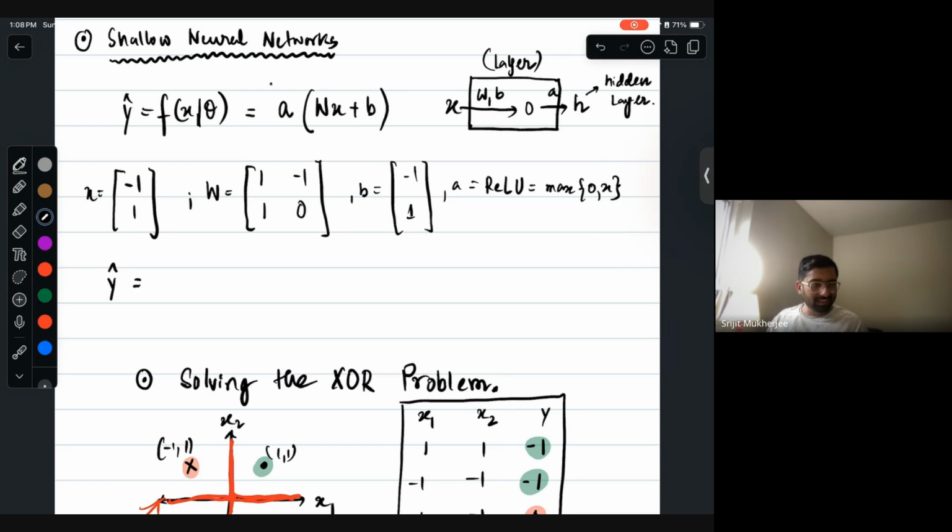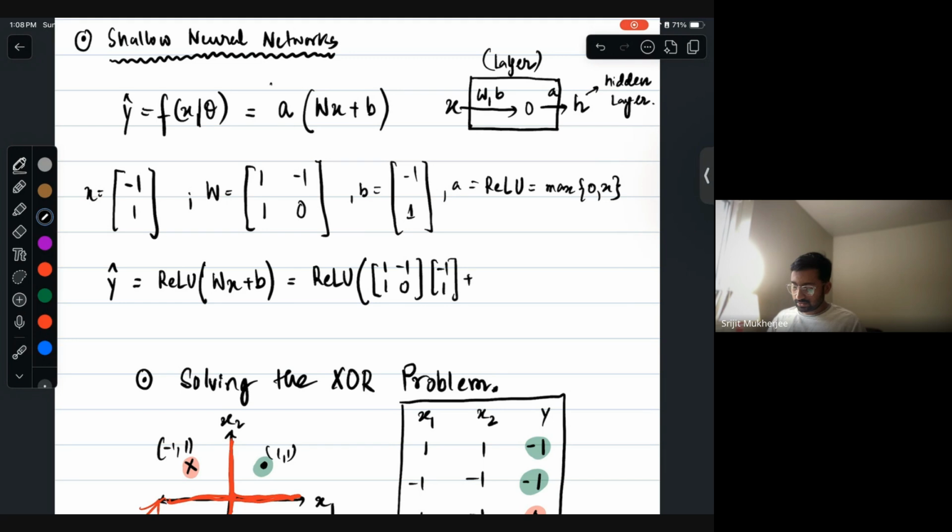So y hat is defined as what? ReLU of, so let's define ReLU of wx plus b. So let's get wx plus b. So wx plus b is this: 1 minus 1, 1 0, minus 1 1, plus minus 1 1.